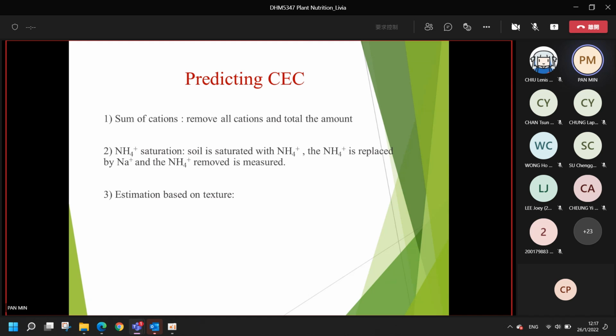which can remove all the cations and give the total amount. And aluminum saturation: the soil is saturated with aluminum, and the aluminum is replaced by ammonium. The second point is ammonium saturation. The soil is saturated with ammonium, the ammonium is replaced by sodium, and the ammonium removed is measured.